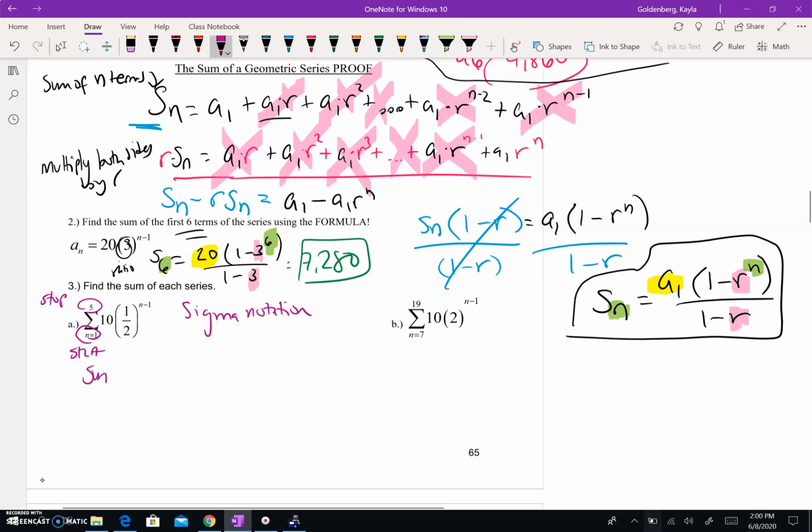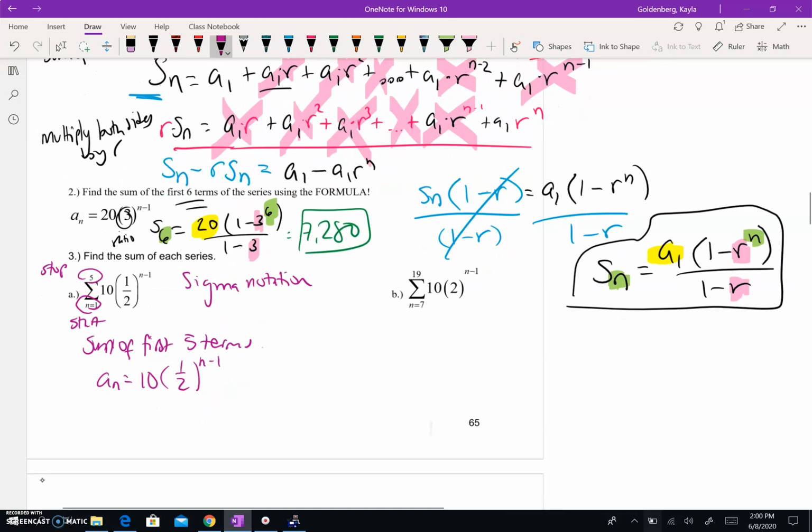So it's saying sum of the first 5 terms. And your rule, your a sub n rule, is 10 times 1/2 to the n minus 1. So it's basically just a more compact way of telling you that you're finding the sum.